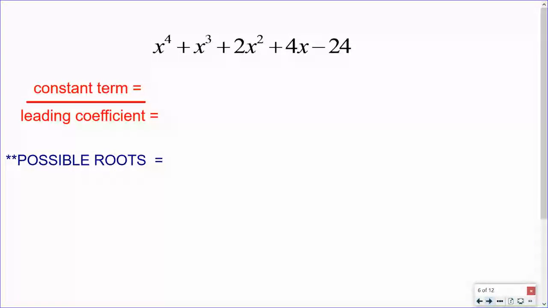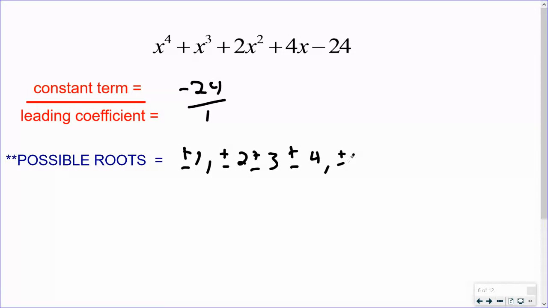This one's tougher because I got negative 24 and 1. So really all I need to do is look at the factors of this. I got plus or minus 1, plus or minus 2, plus or minus 3, 4 times 6, 3 times 8, 12, 2 times 12, and 1 times 24.